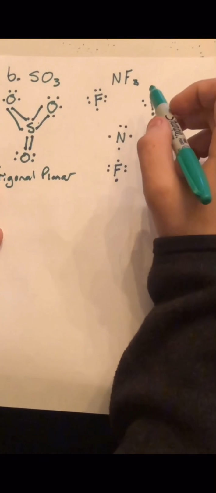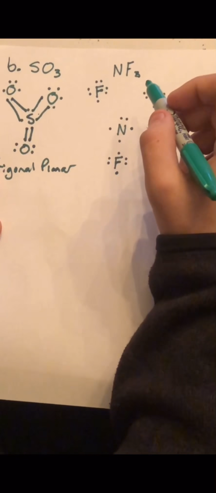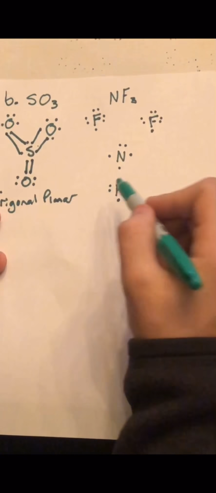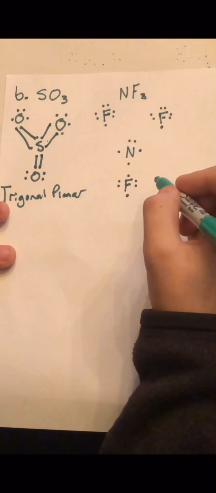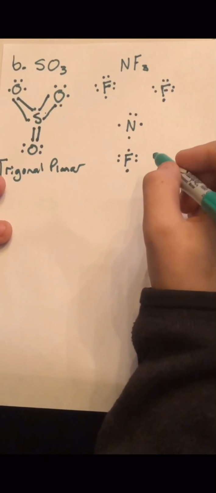For the sixth compound, we're given NF3, nitrogen having 5 electrons, and fluorine has 7. And of course, because fluorine only needs 1 more electron to have a full octet, a single bond is allotted to each fluorine.